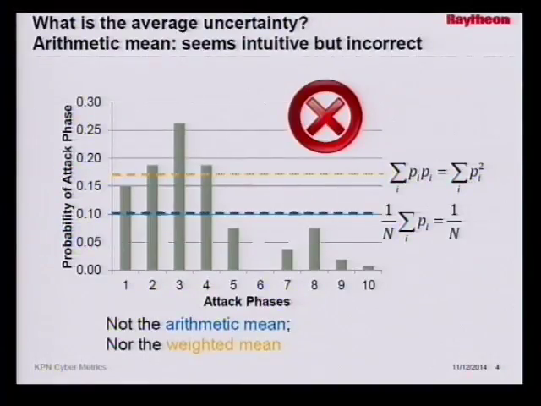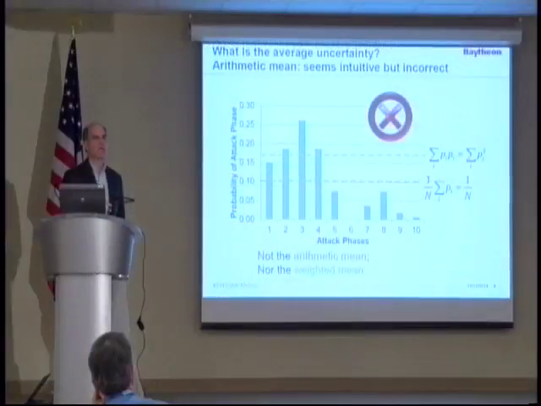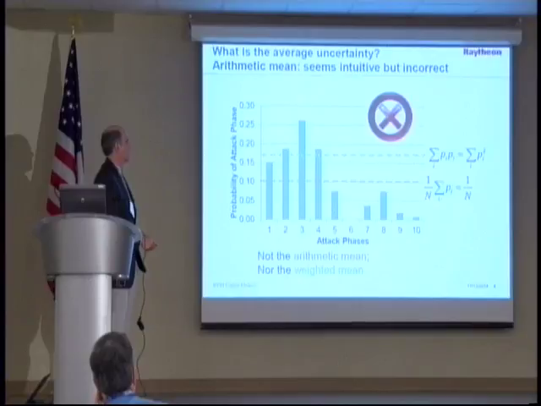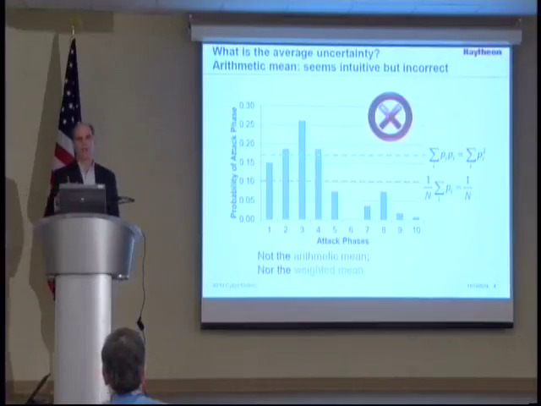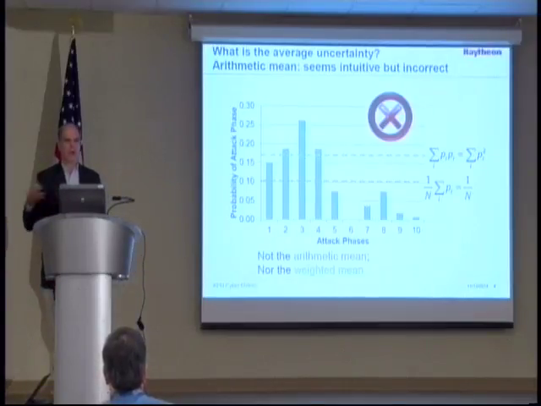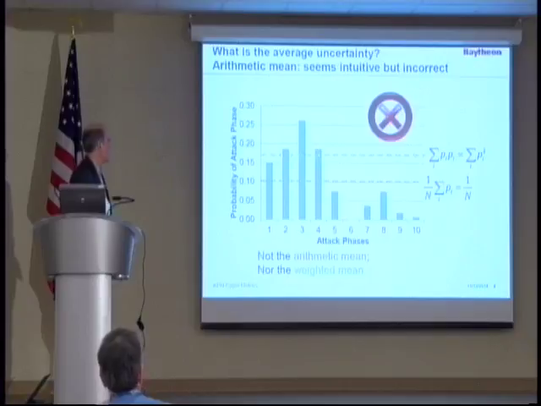So I want to go through the natural things that people do all the time in the way they average probabilities but turn out to be incorrect. We can't just sum the probabilities and then divide by the number of samples, because if it's a distribution, this is always going to sum to 1, and that'll just give us the inverse of the number of states.